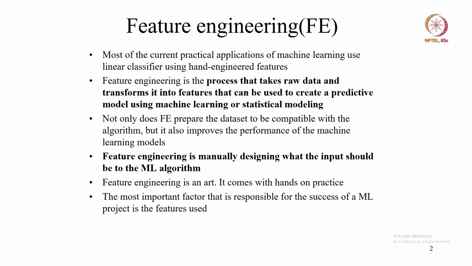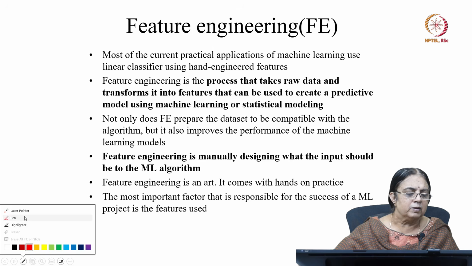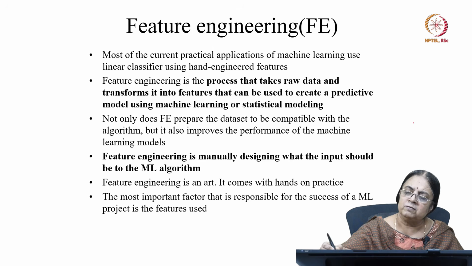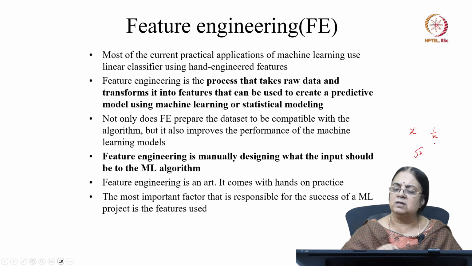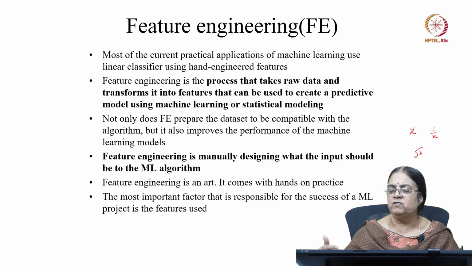So, for example, if the raw data that you have is say x, maybe you need to take something like 1 by x or root x, some way of changing the value of x. That is, you will need to transform it in some way before using it. So that's also possible.